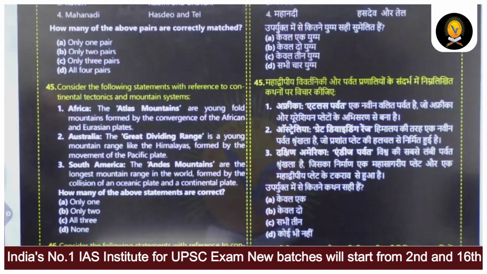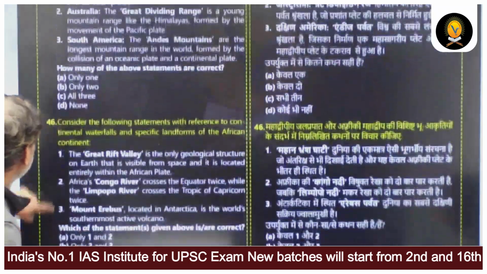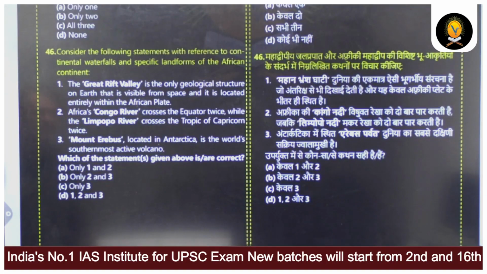Consider the following statements with reference to continental tectonics and mountain systems. Africa: the Atlas mountains are young fold mountains formed by the convergence of the African and Eurasian plates. Correct. Australia: the Great Dividing Range is a young mountain range like the Himalayas formed by the movement of the Pacific plate. Correct. South America: the Andes are the longest mountain range in the world, formed by the collision of an oceanic plate and a continental plate. Correct. So all 3 are correct. Now consider the following statements with reference to the continental waterfalls and specific landforms of the African continent.